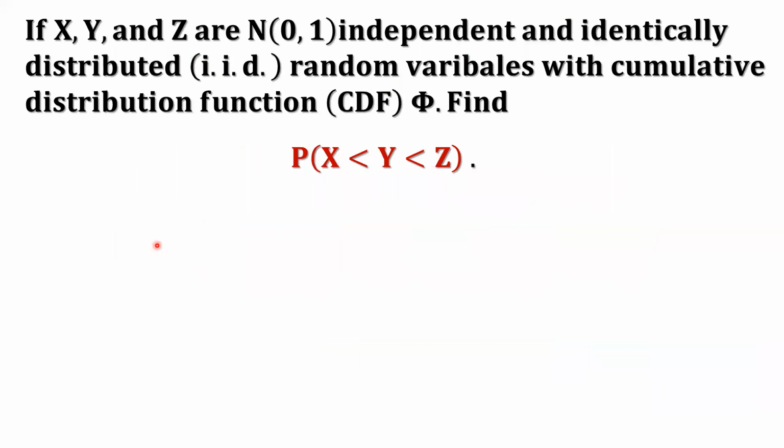Now here is the first question. We want to find the probability of X less than Y less than Z. So here, we know that all three random variables have the same distribution and are independent.